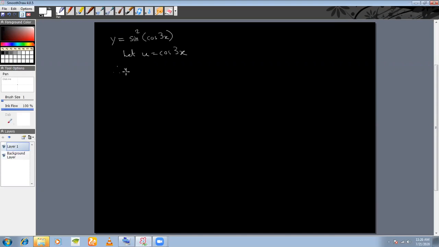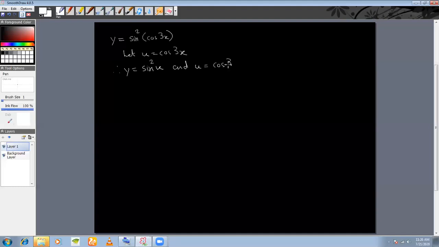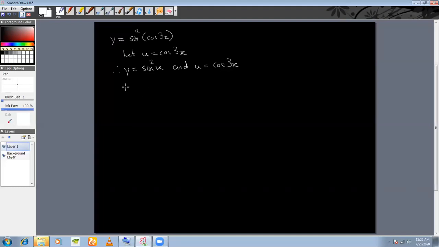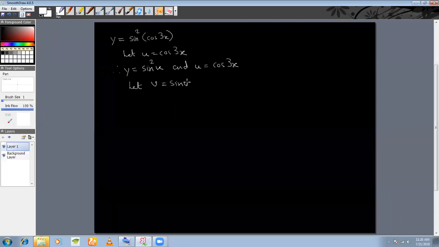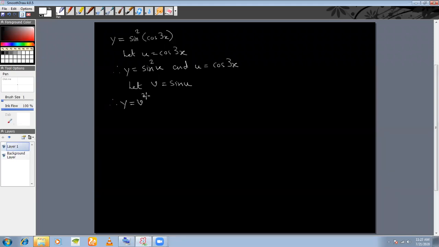Therefore, y is equal to sine square u, and u is equal to cos 3x, isn't it? Now let v is equal to sine u. Therefore, y is equal to v square, and v is equal to sine u, and u is equal to cos 3x.